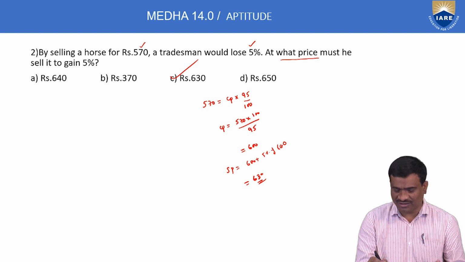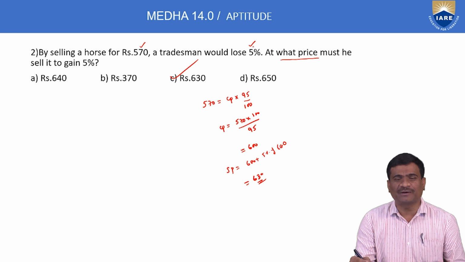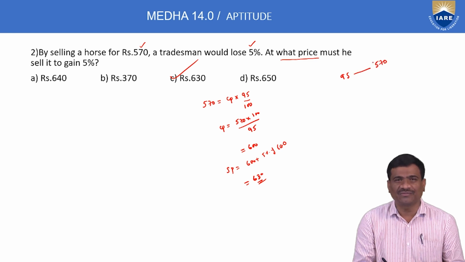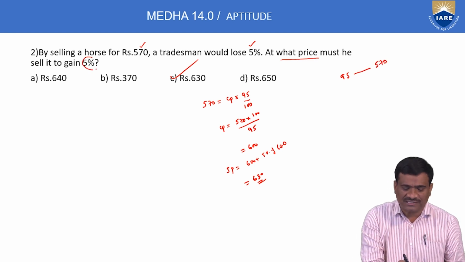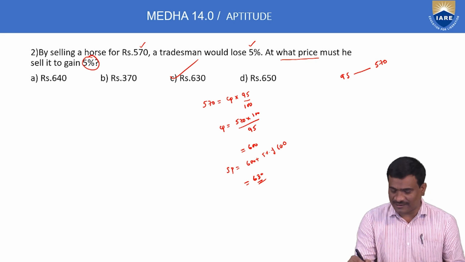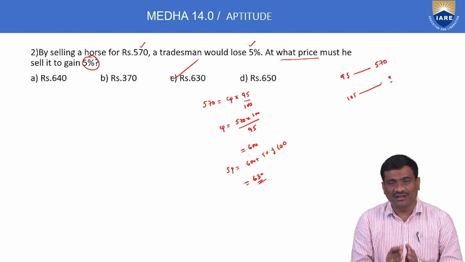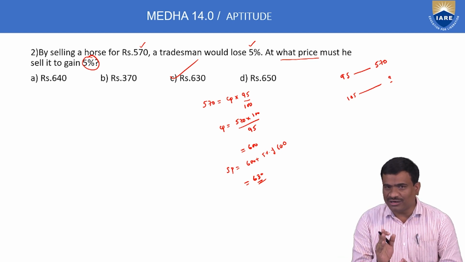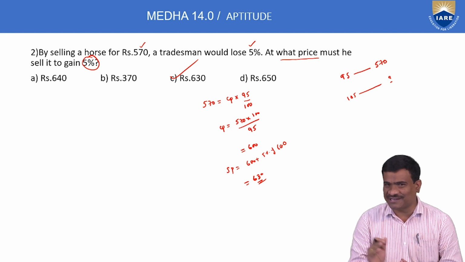Here, first one is 95%, since loss means less than 100. Then 95 amounts to 570. Second case, 5% gain is above 100, then 105% is dash. 95 parts amount to 570, then 105 parts amount is dash.